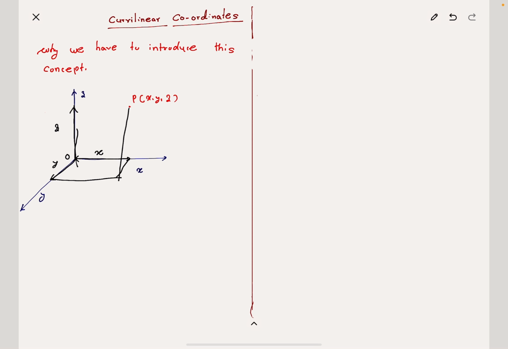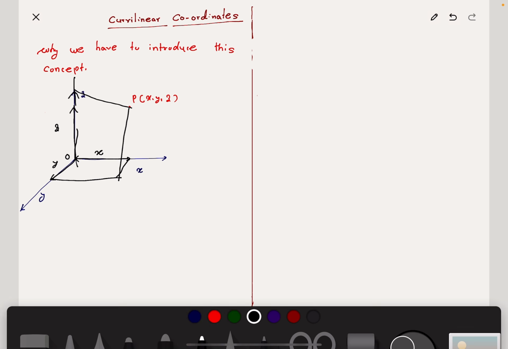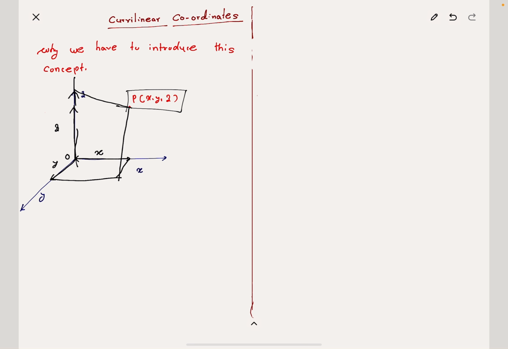Okay, and this is say z, and so this is how we have the particle P whose coordinates are x comma y comma z, and this is our most used and very familiar concept, that is rectilinear coordinate system.